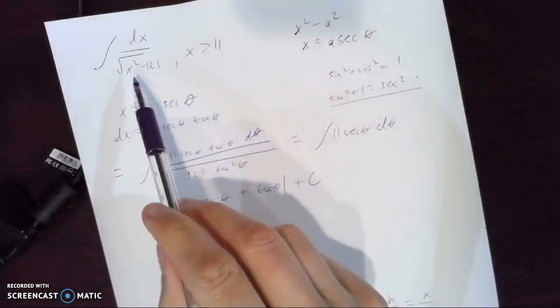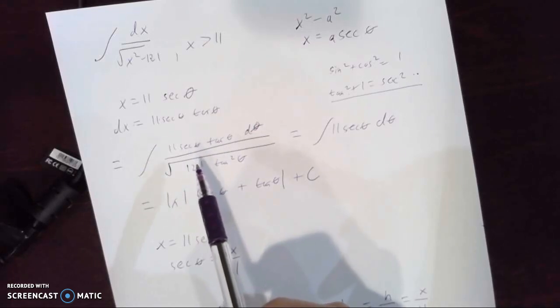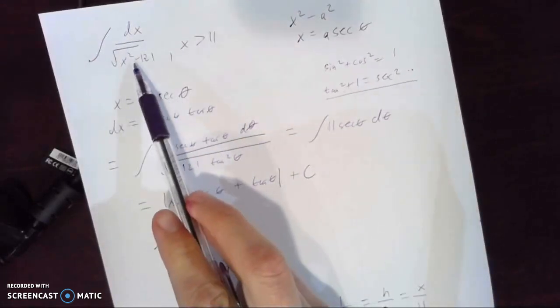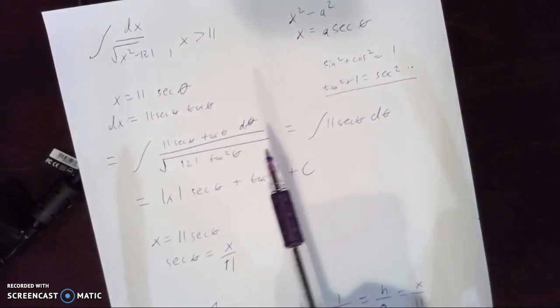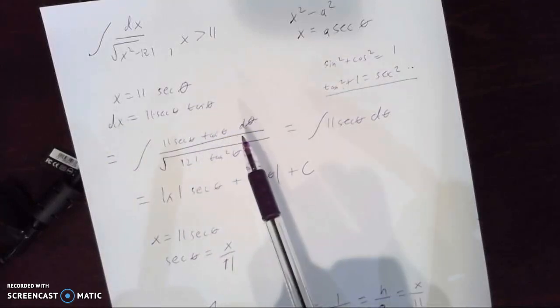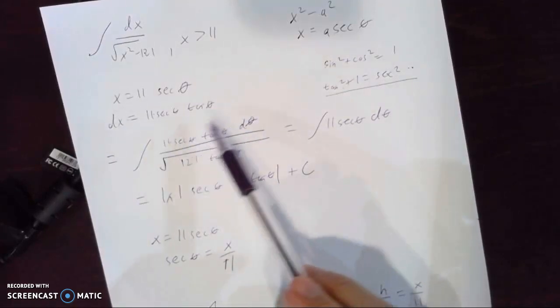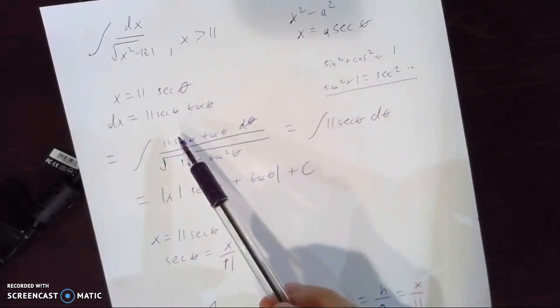So for us this time, this would be 121 tangent squared, and then the square root of that would be 11 tangent theta.